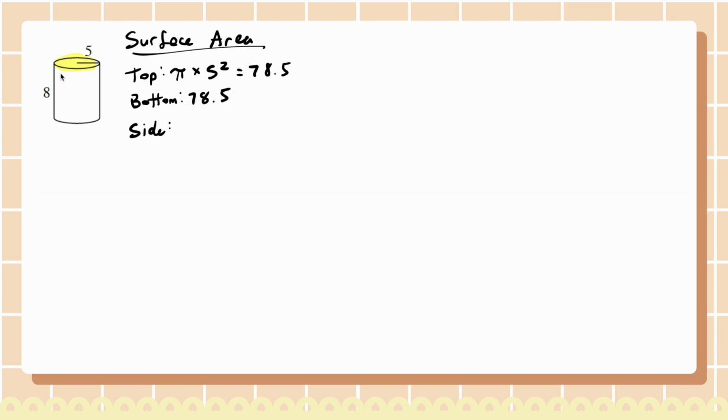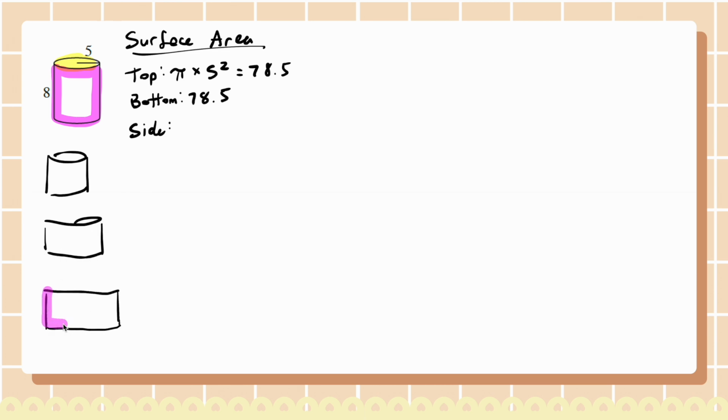All right, now let's talk about this side section in the middle. I'm going to try my best to draw it out for you, but imagine that this is like a food can, and you're unwrapping the label around the outside. Watch what happens. Notice that it makes this rectangle shape, where the height of the rectangle is the same as the height of the cylinder, 8.